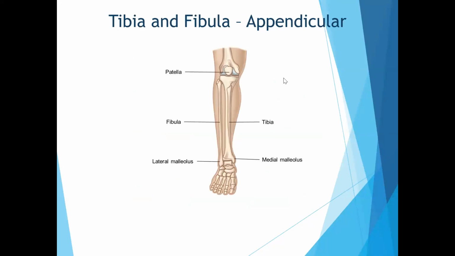Moving on, your tibia and fibula. This is the bottom portion of your femur, lateral epicondyle, medial epicondyle. This is the tibial plateau here. Your tibia is the shin bone, the main portion, and your fibula is on the lateral side.